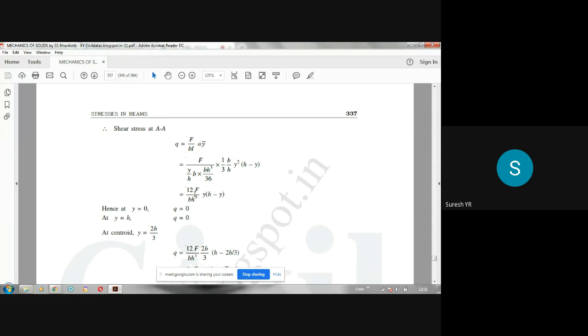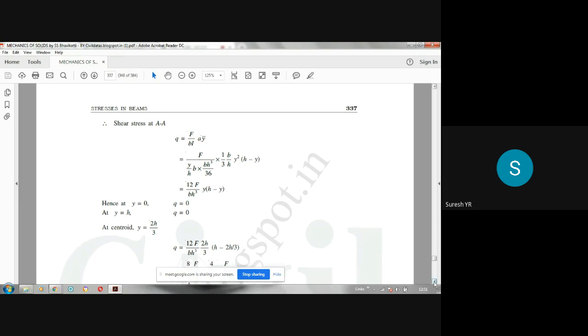When you are differentiating it, 12f divided by bh cube is a constant, multiplied by yh minus y square. If you differentiate yh minus y square with respect to y, you get h minus 2y.